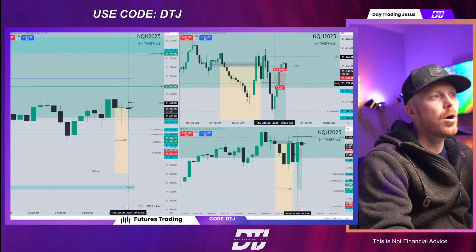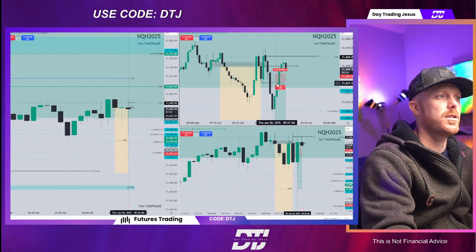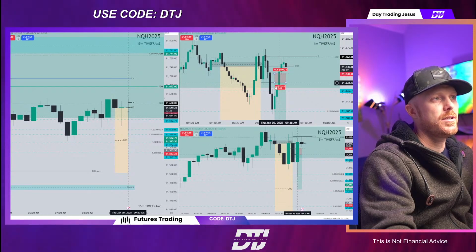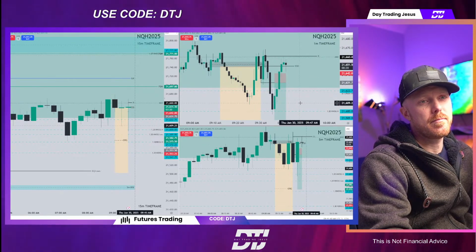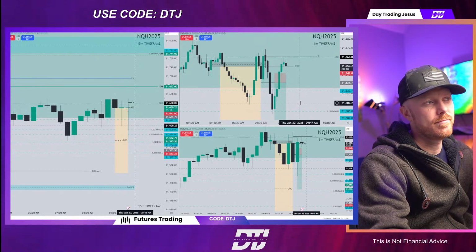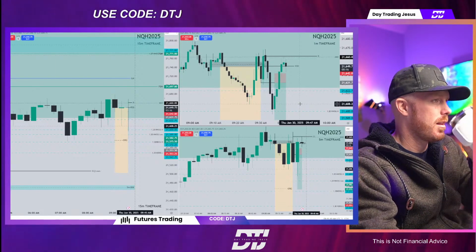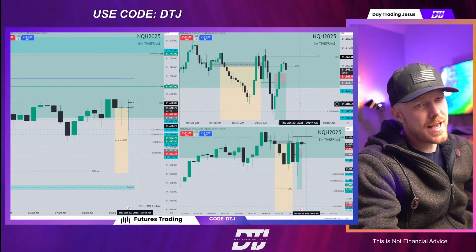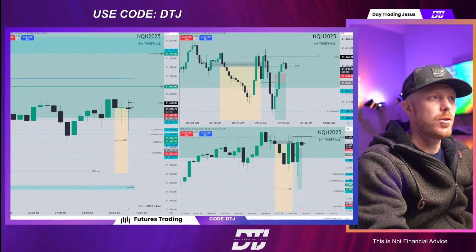At least on this breaker that we took to the downside, it invalidates immediately, just so we know that we're wrong. That makes it nice. Just, you're done. As nice as can be on a losing trade.